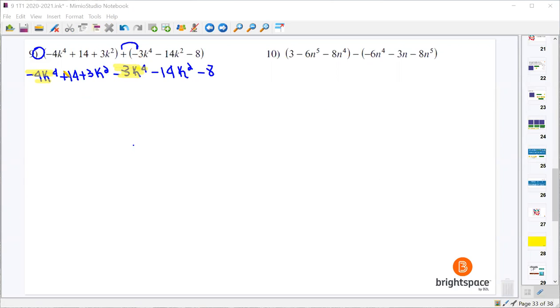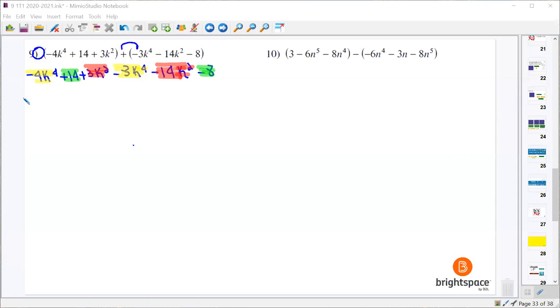Now the plus 14 is alike negative 8, right? And then the term 3k squared is going to be alike negative 14k squared, right?